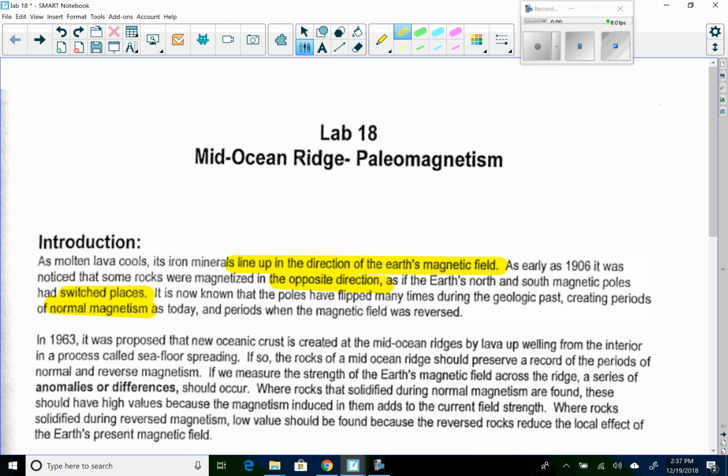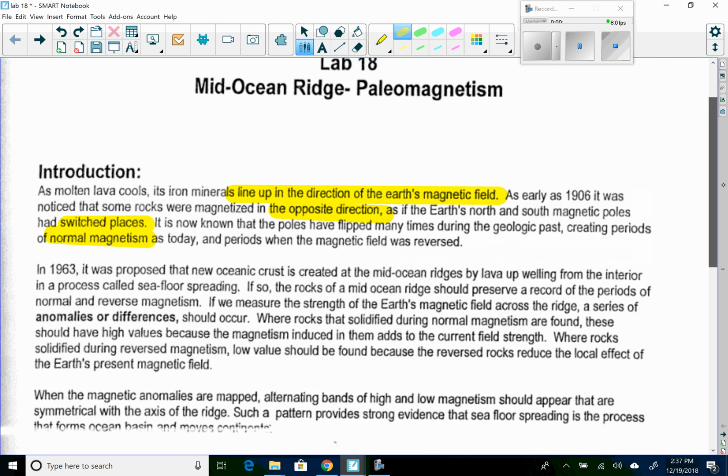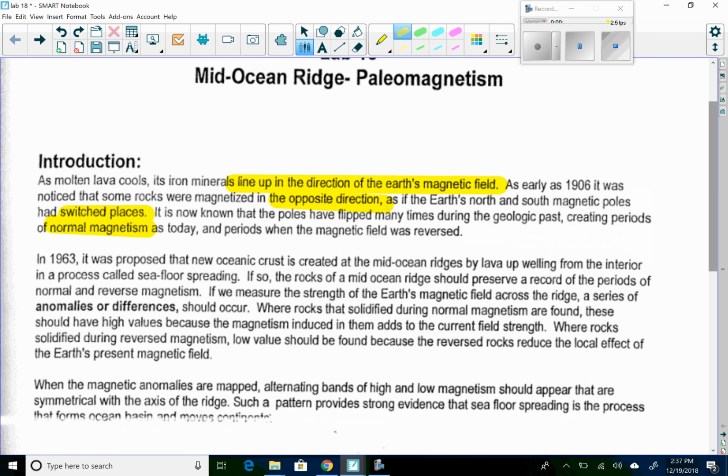In 1963, it was proposed that new oceanic crust is created at the mid-ocean ridges by lava welling up from the interior in a process called sea floor spreading. If so, rocks of the mid-ocean ridge should preserve a record of the periods of normal and reverse magnetism.